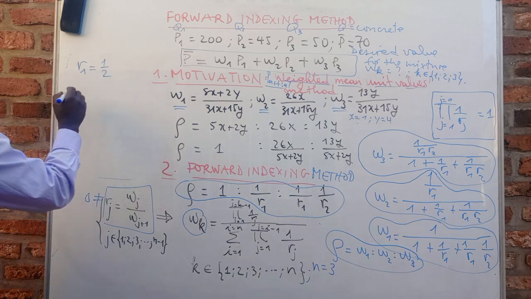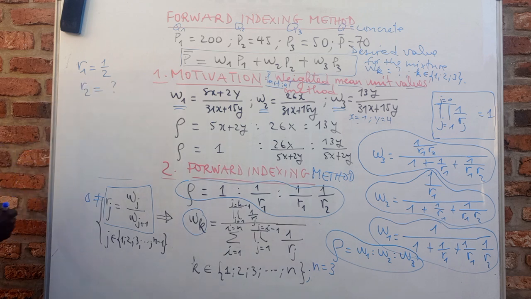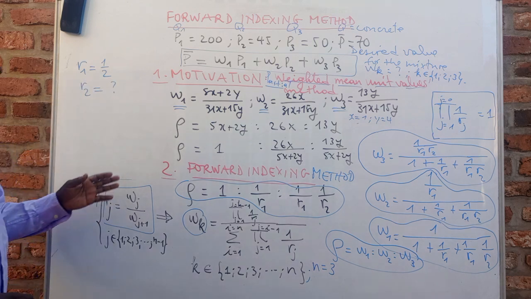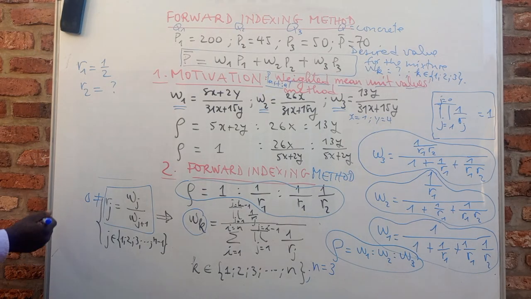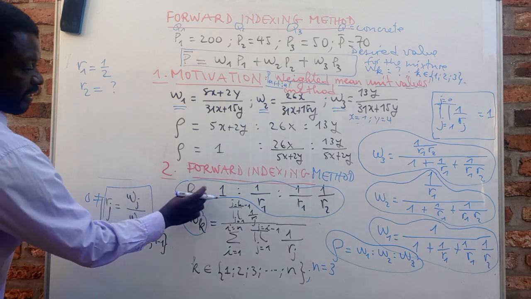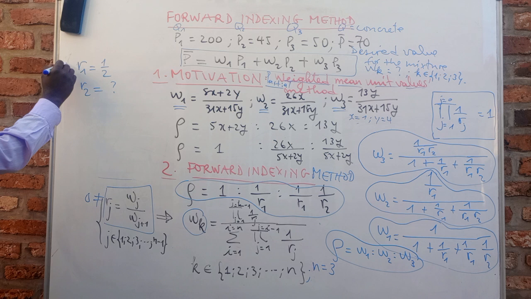So now the question is, what will be R sub 2? If we have the two ratios, we are going to get the overall continued ratio. So that is the first question.